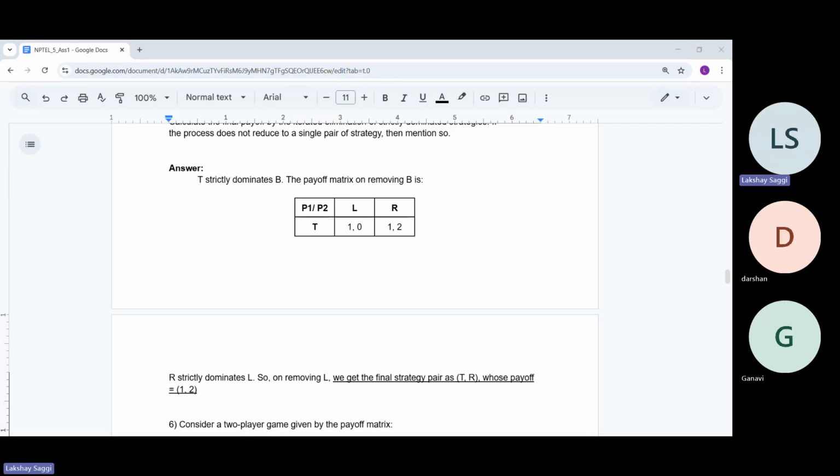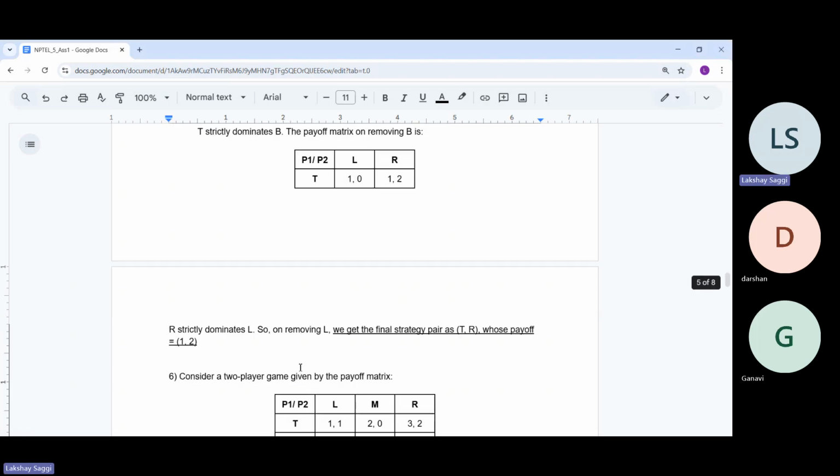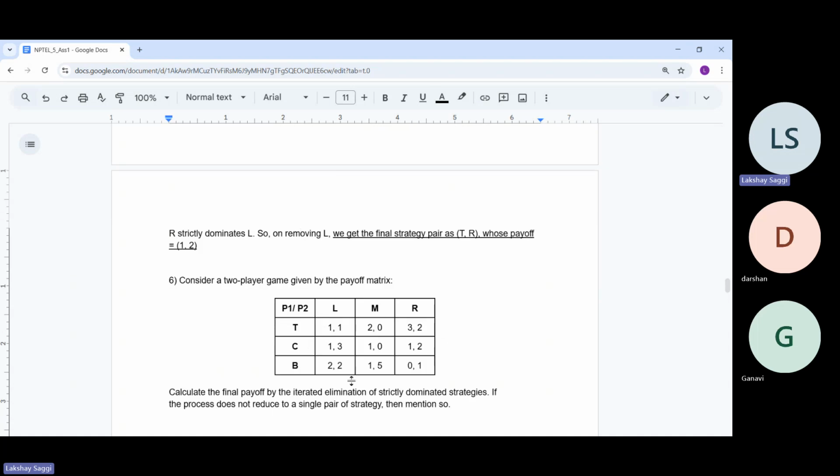Okay, so now maybe we can move on to the sixth question. The sixth question is again about this iterative elimination of strictly dominated strategies, but it's in a 3x3 matrix. Earlier, the problem was a bit easier. It was a 2x2 matrix.